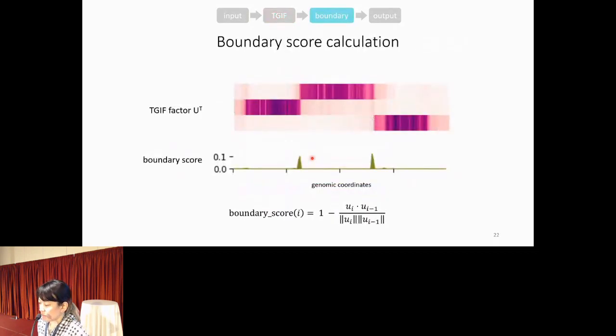So instead, we adopted a downstream processing approach similar to TAD compare, a method that we'll benchmark to. We calculate a boundary score for each genomic region. This boundary score is essentially the cosine distance between a given region and its immediate upstream neighbor in this lower dimensional space captured by the factor U. The idea is that this boundary score should reflect changes in the interaction pattern back in the original high dimensional Hi-C matrix.